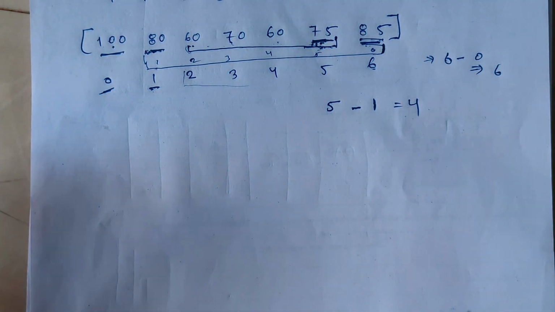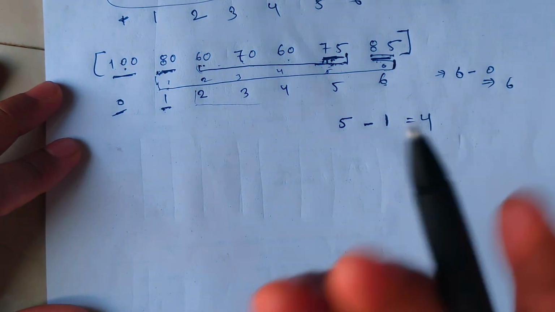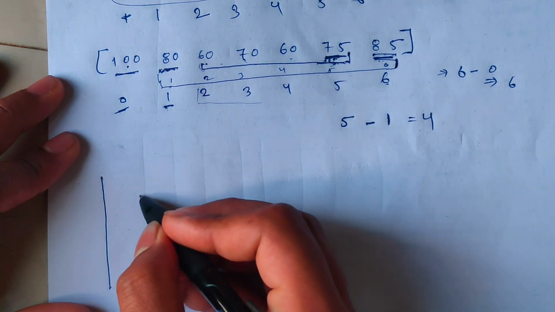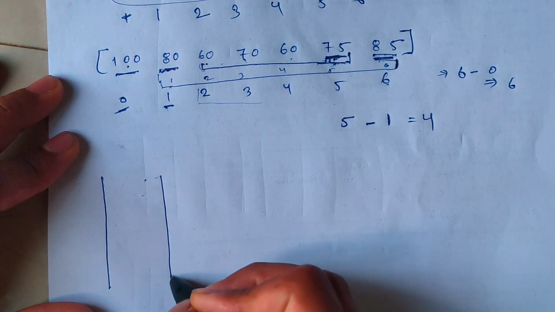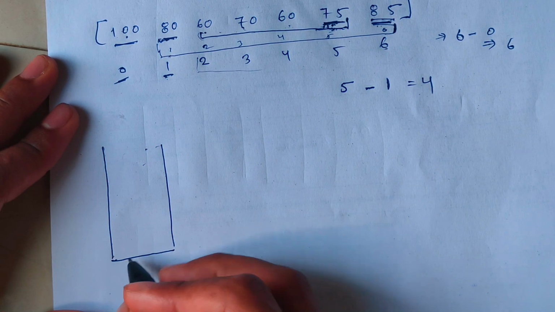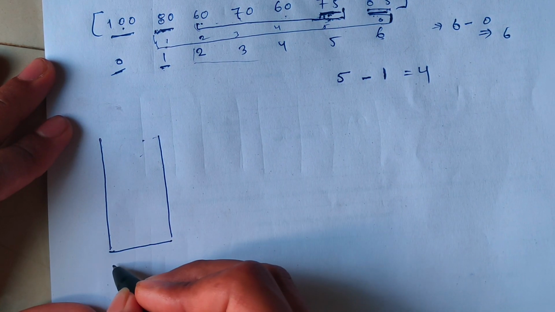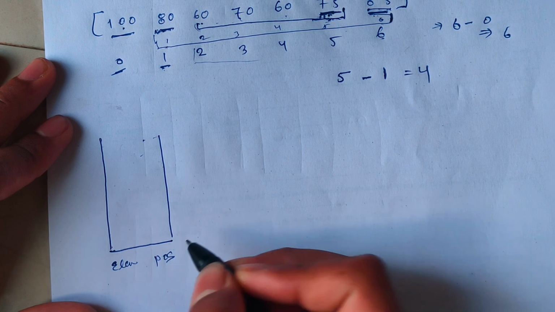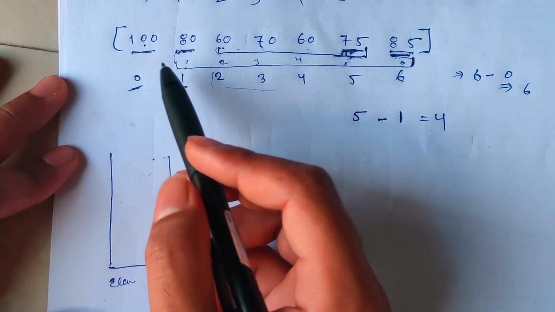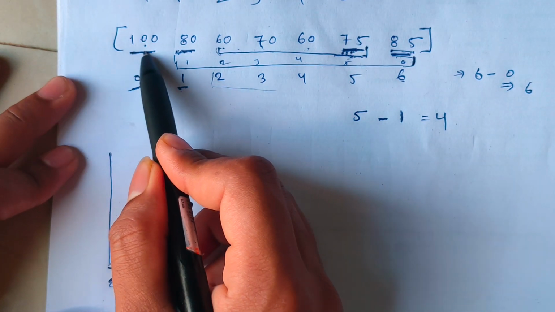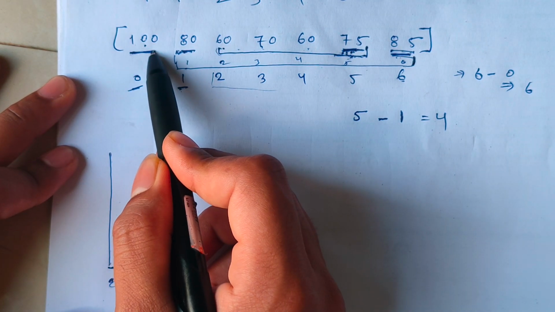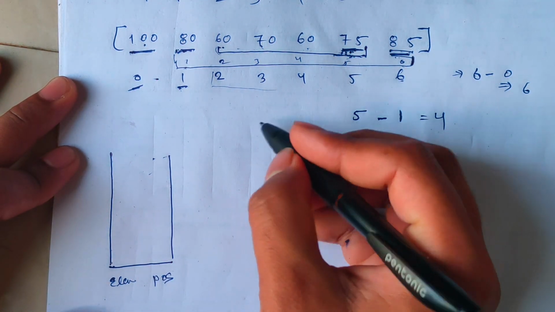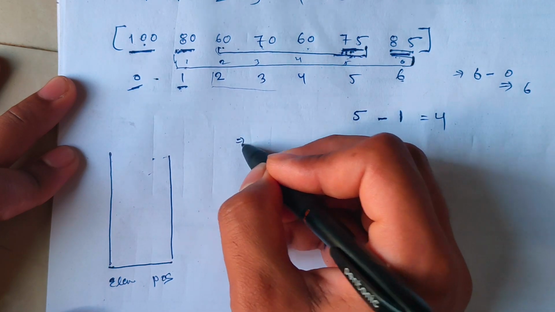Let's have a stack which would store the greater element, right? Suppose we are having a stack, it would store the element and its position. Okay, so let's iterate through the array. 100. If the stack is empty, let's suppose that the previous index would be -1.